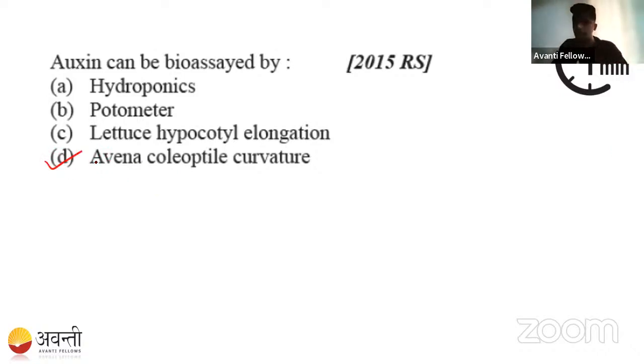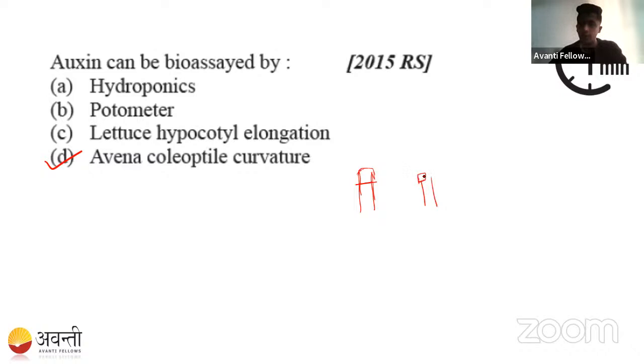So what is Avena coleoptile curvature? Basically what we will do is excision of the coleoptile. That means the coleoptile region will be cut. Now we take the cut piece containing auxins, and we start placing it at one position.